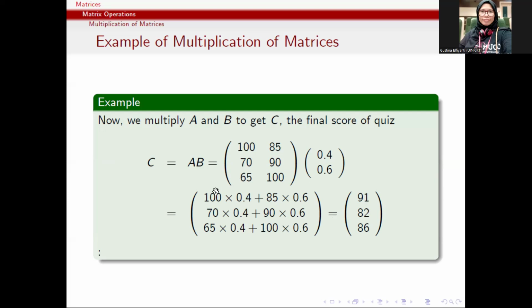And for the second row, 70 times 0.4 plus 90 times 0.6, and we get 82. And for the third row, 65 times 0.4 plus 100 times 0.6, and we get 86. So here is the final score of the quiz for the 3 students.